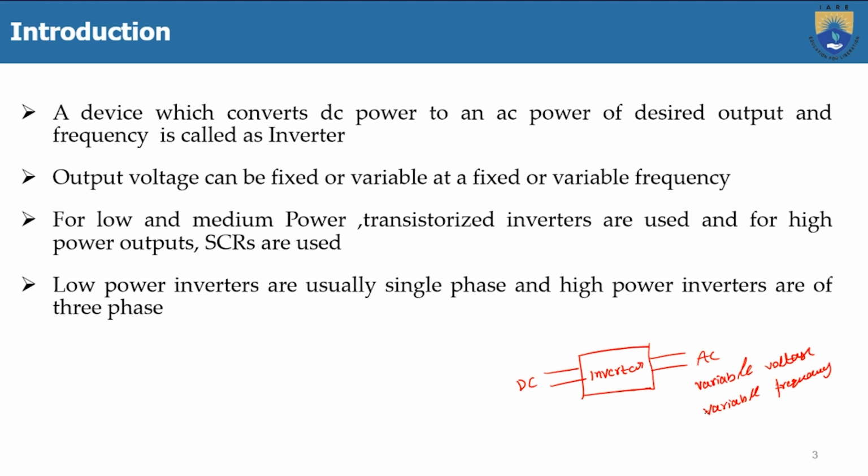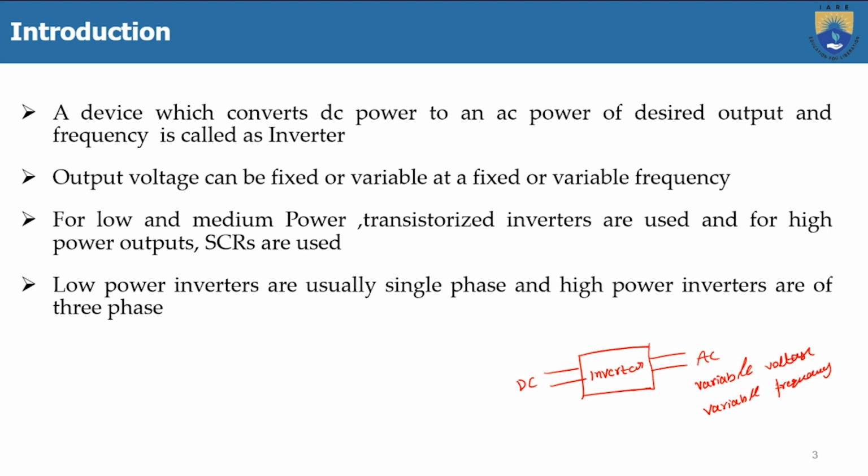Then for low and medium power, SCRs are used, and transistorized inverters are used for high power outputs, because there are different power electronic devices that we already discussed, especially the semiconductor devices.